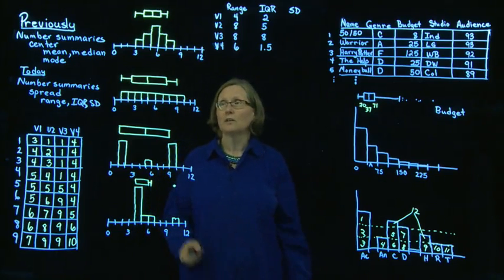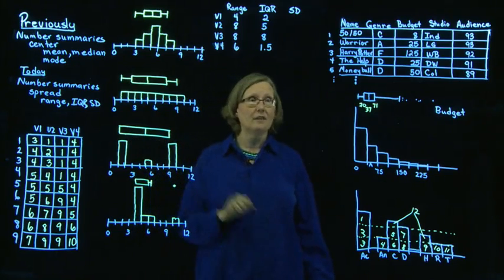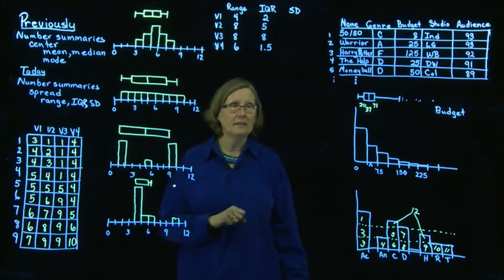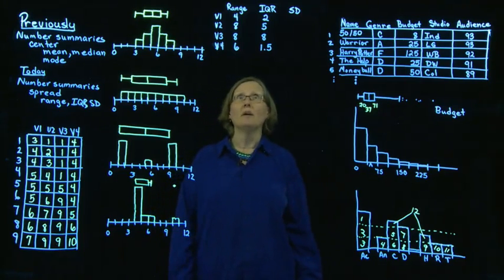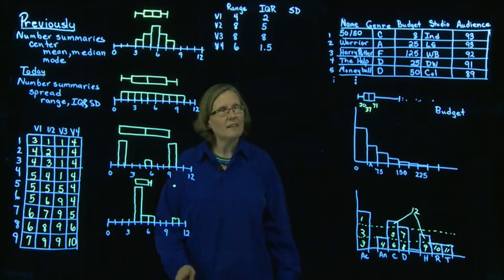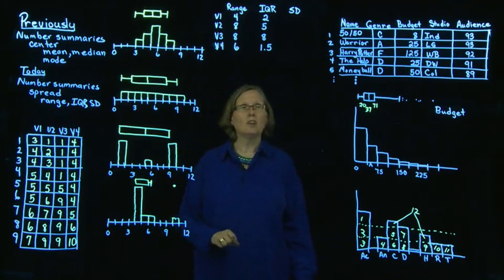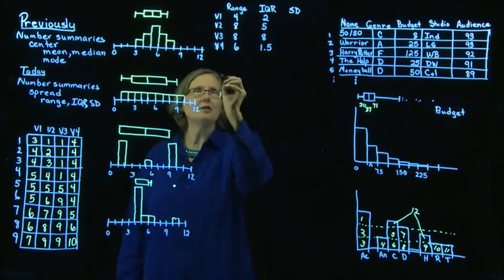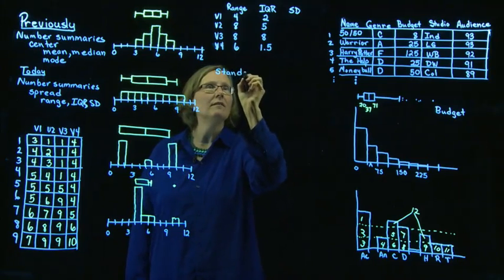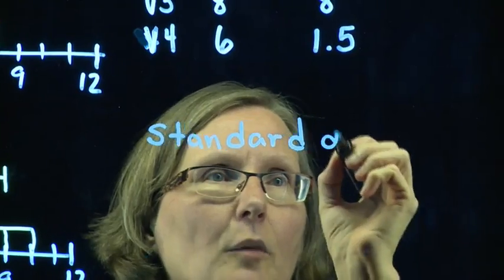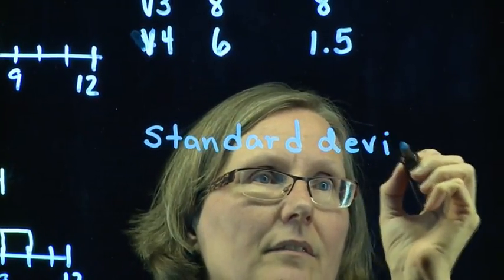Here, for the interquartile range, the spread in the middle 50% of the data is greatest for variable 3, and the smallest for variable 4. Now the last measure of spread is called the standard deviation. I'll abbreviate it SD.